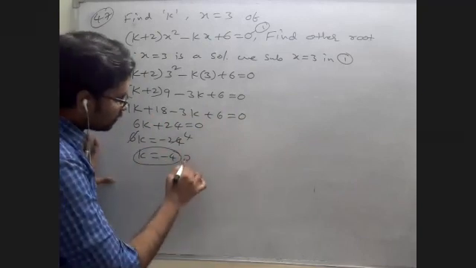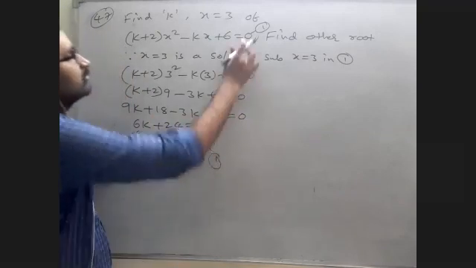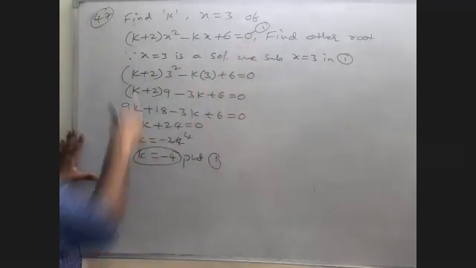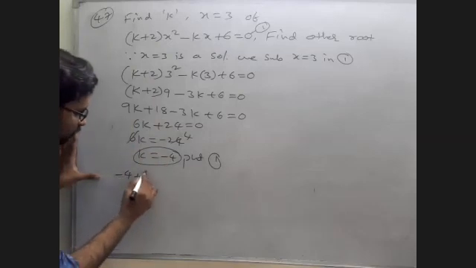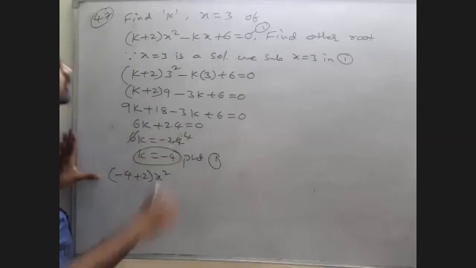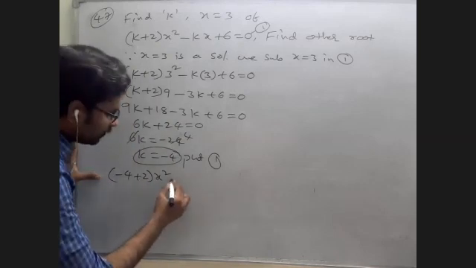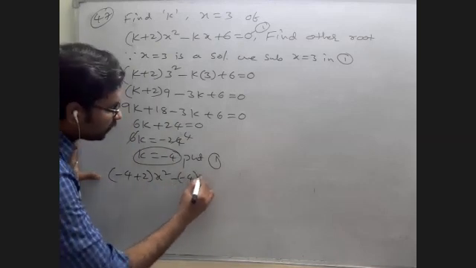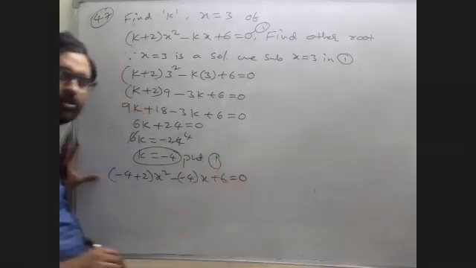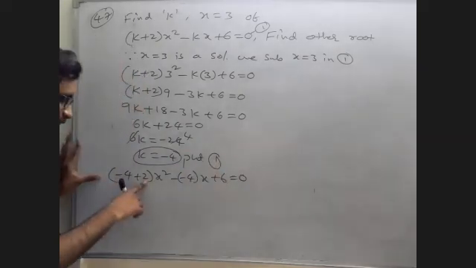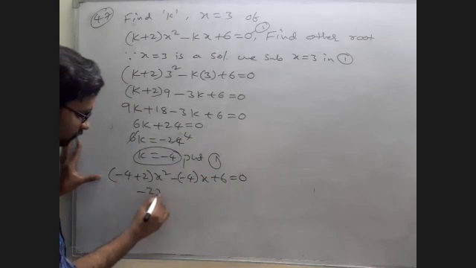And substitute this k value in equation number 1, then you will get a quadratic equation. Substitute here k equal to minus 4. Minus 4 plus 2 into x square, and minus of minus 4 into x plus 6 is equal to 0. Now minus 4 plus 2 will be minus 2 x square.